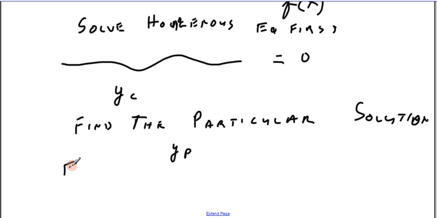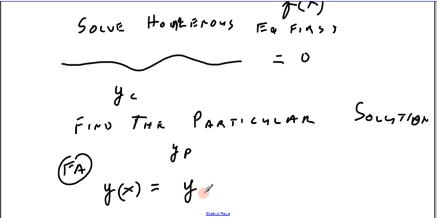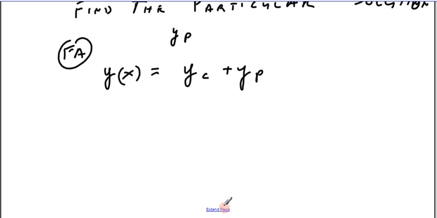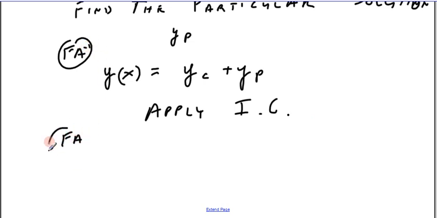And then for your final answer, y of x is going to equal y sub c plus y sub p, whatever they are. And then at that point, you still have to apply initial conditions to get the constants of integration out of there. So this is final answer minus 1. And then when you get the final answer, you have applied the initial conditions.